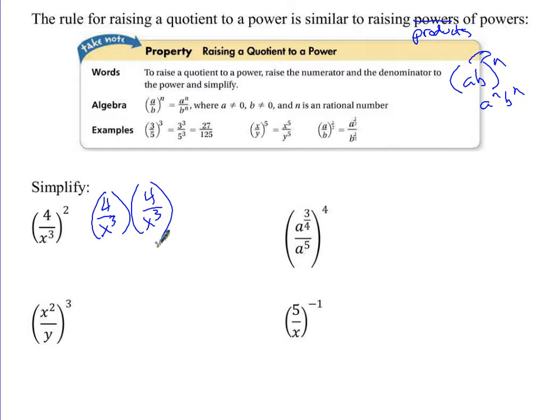I want to write 4 squared, divided by, multiply across, x to the, when we multiply like bases, we do what with our exponents? Add them. So we get x to the 6th. So 4 squared over x to the 6th.